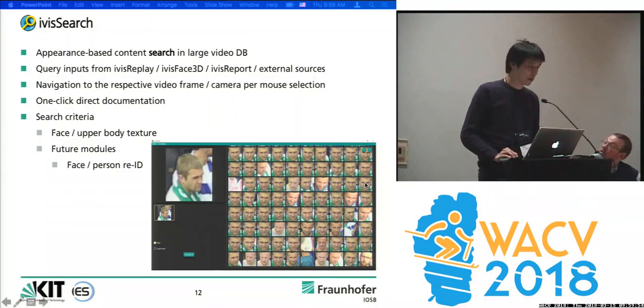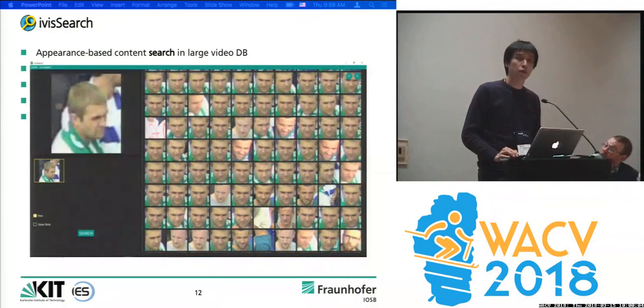And the next module is the ivis search, and it works as an appearance-based content search algorithm. It can receive input from other ivisX modules, and also maybe from external sources, maybe from other authorities.